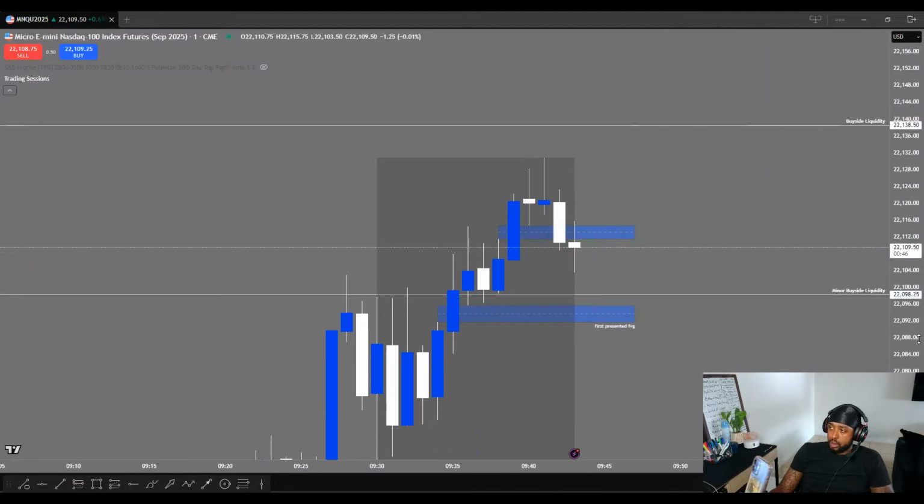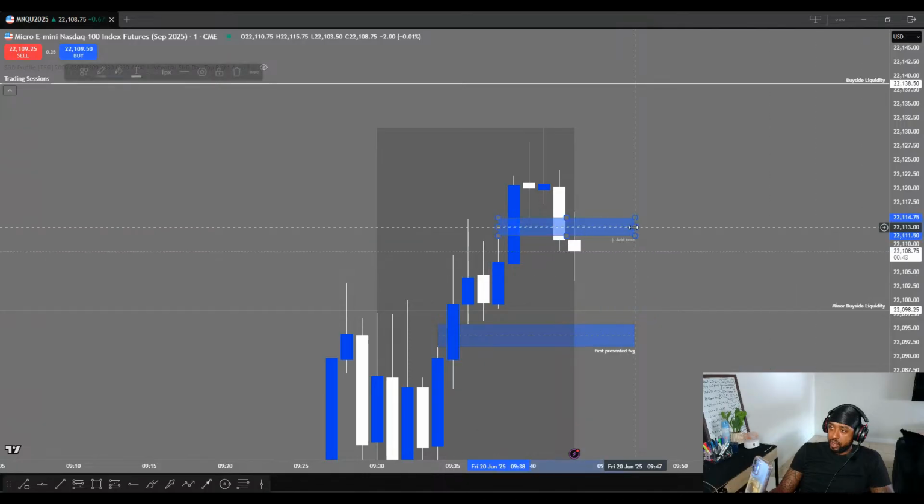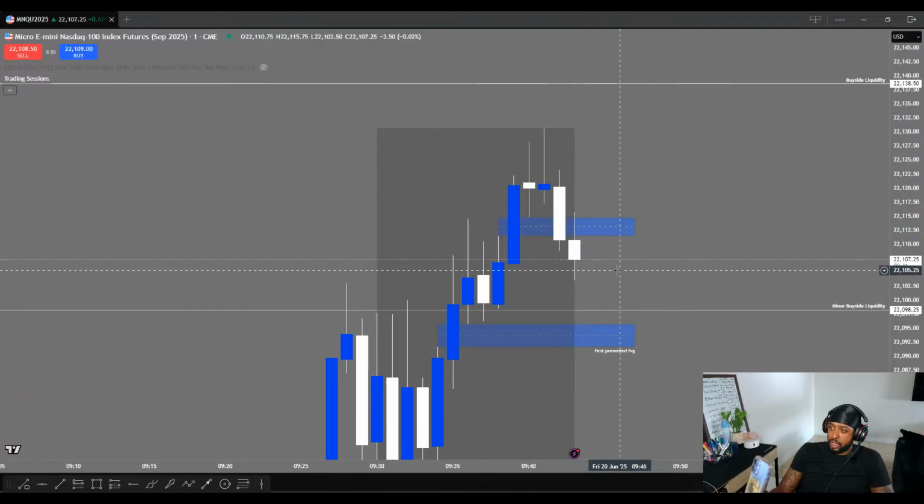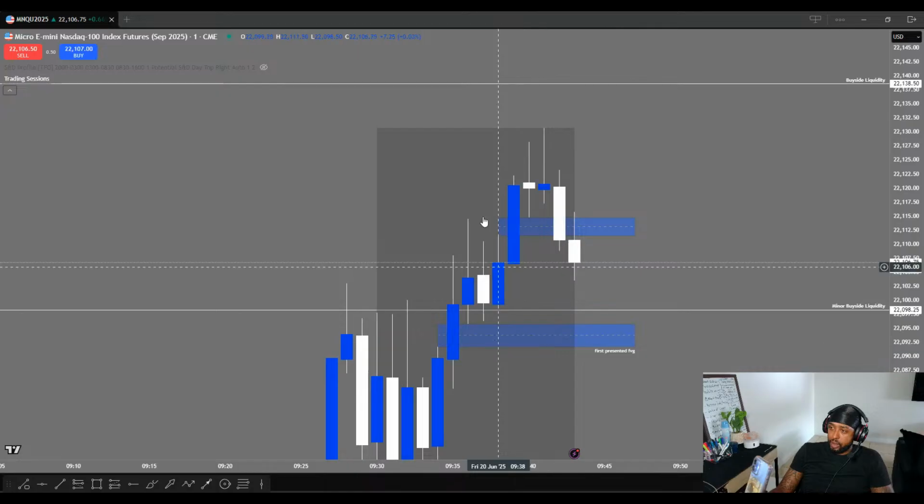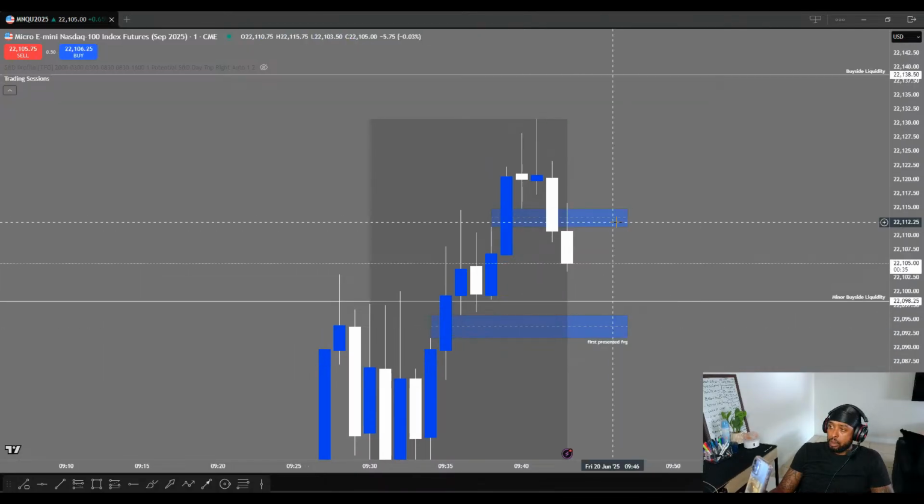So you see how it really didn't respect this fair value gap right here. But let's see, it's not over yet. Like I said, until it closes below here, this will be invalid. But let's see.